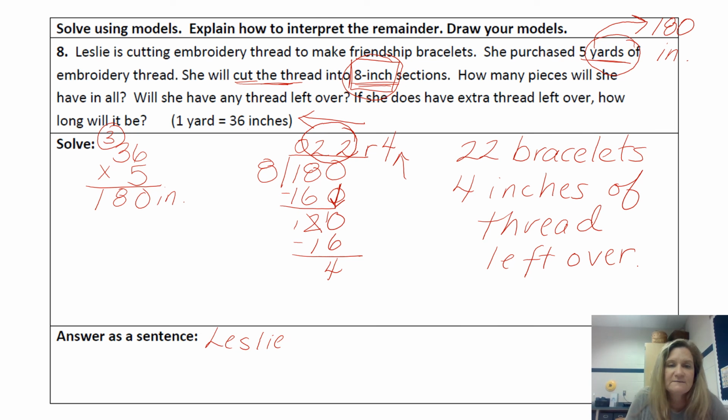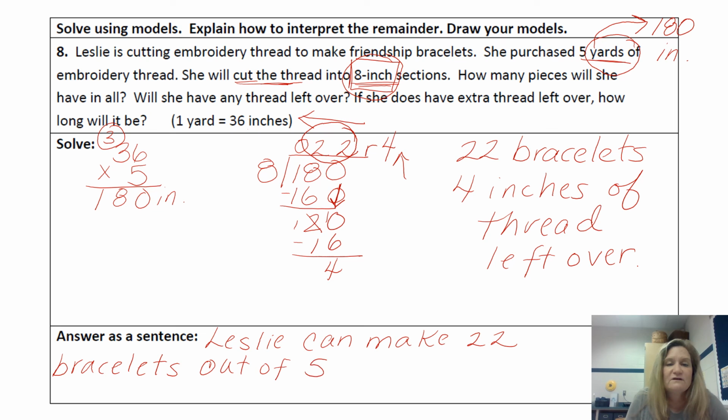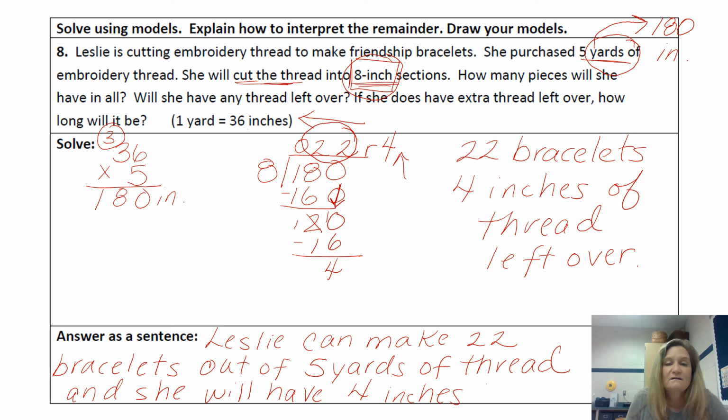Leslie can make 22 bracelets out of 5 yards of thread, and she will have 4 inches left over. All right.